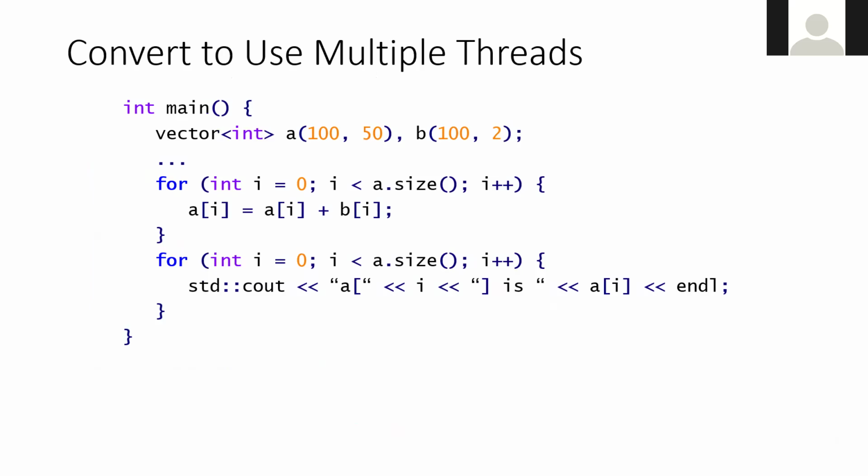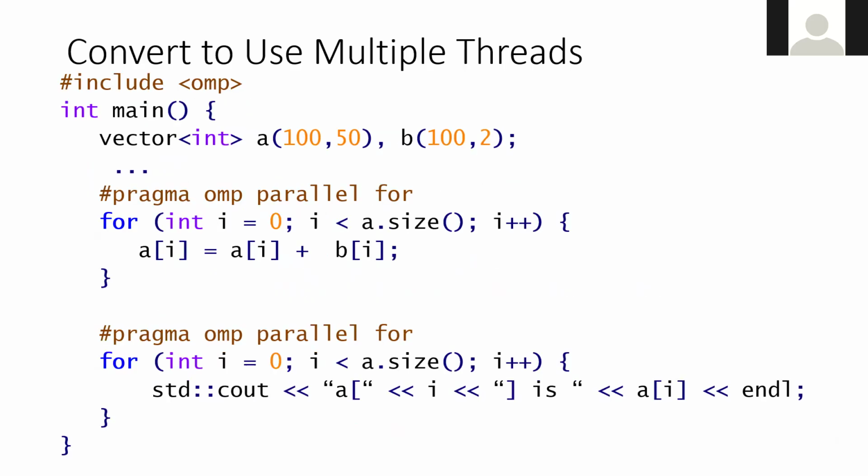Okay, to convert any program into using multi-threads, we can just add pragma omp parallel for before each for loop. Now, A and B are shared across all threads, even if they are local variables inside main, because they're declared before the pragma omp parallel for.